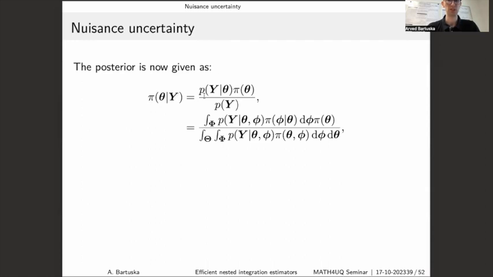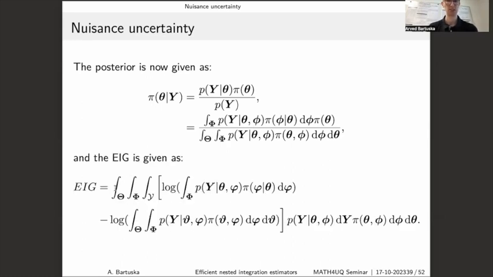So the posterior is now given as this marginalization over the likelihood, where before we had the marginalization only in the denominator. Now we have it in the numerator as well. And before the numerator was given in closed form, but now we instead have a nested integral.